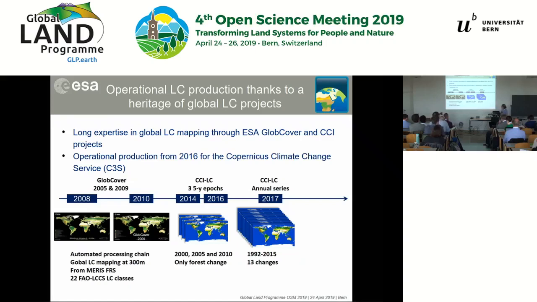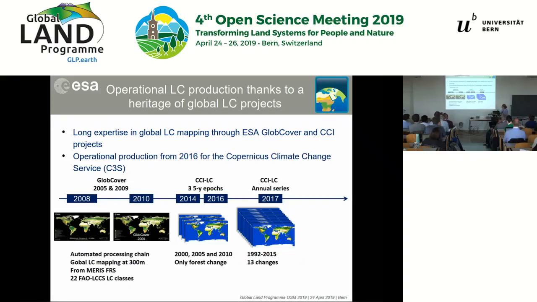Then, with the release of GlobCover 2009, we realized that we couldn't achieve any consistency between the two dates. And then we started the CCI land cover project, where we provided 3 five-year epochs, ensuring consistency, because it was the main user requirement from our climate modelers.